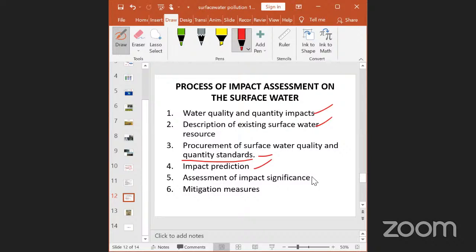The fifth one is assessment of impact significance of the surface water. And the last one is identification and incorporation of mitigation measures. So this is the surface water environment process.